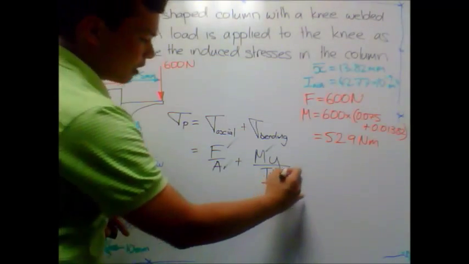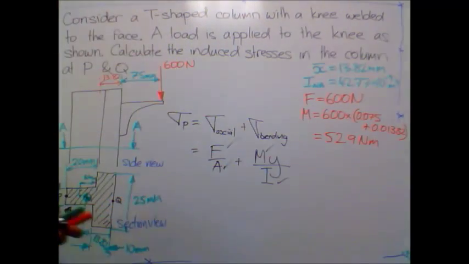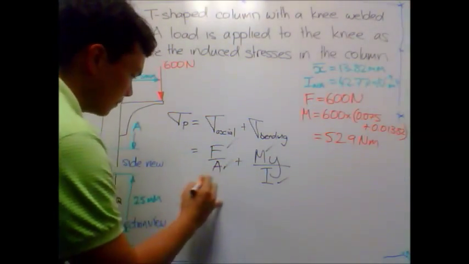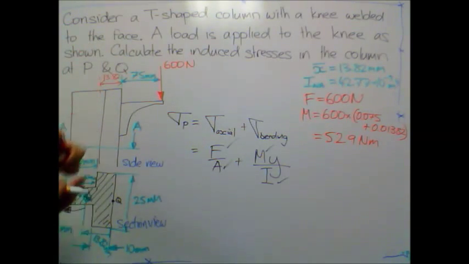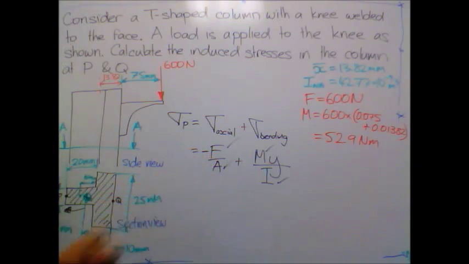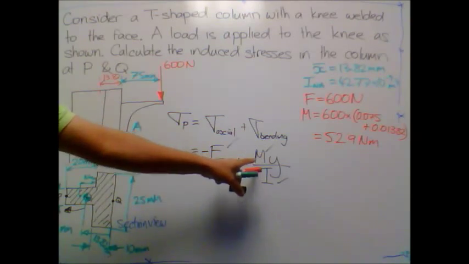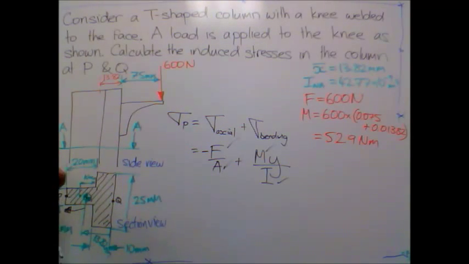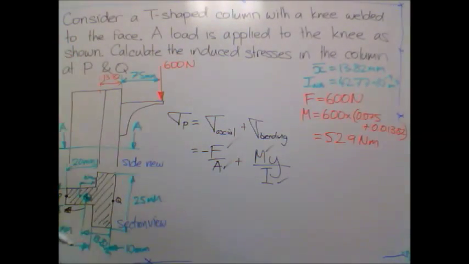And my value of I know from this equation here. Okay. This force F is trying to compress the whole system, so it will be a negative force. This moment M was trying to bend it in this direction here, so it's trying to create tension at point P, so this will be a positive value.